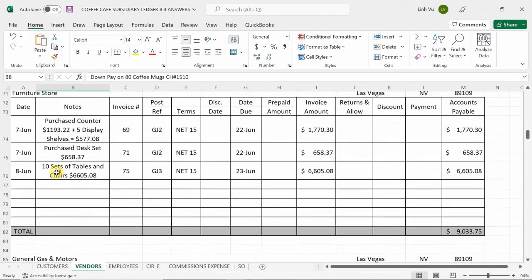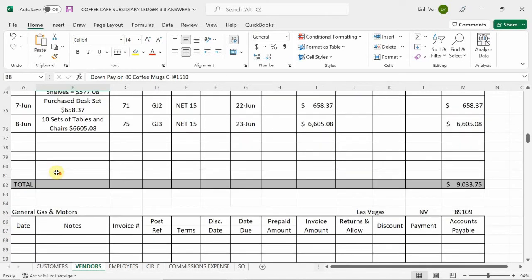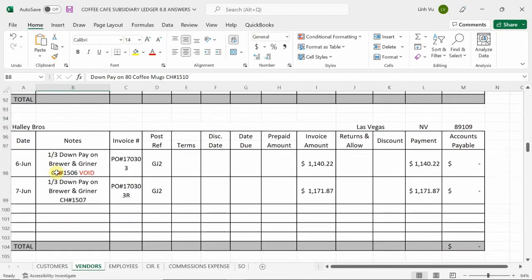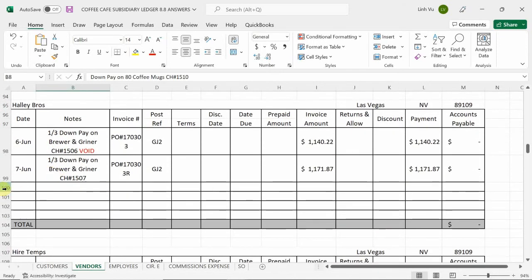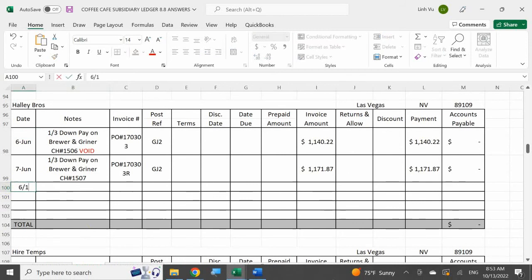Okay, there they are. No, that's furniture store, general gas. Here you go, Hallie Bros. This is going to be a separate line because we finally received a bill, right? So this is what you could do. You could say received coffee brewer, right?